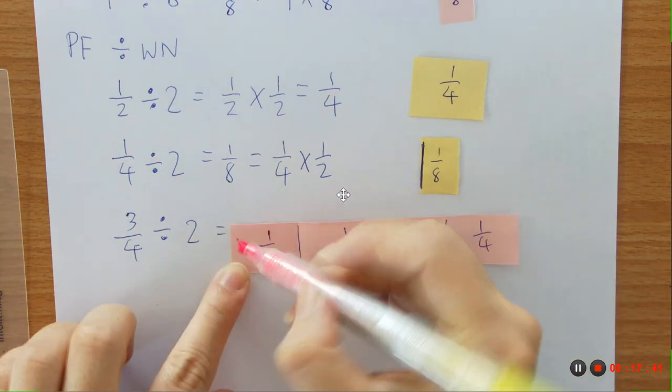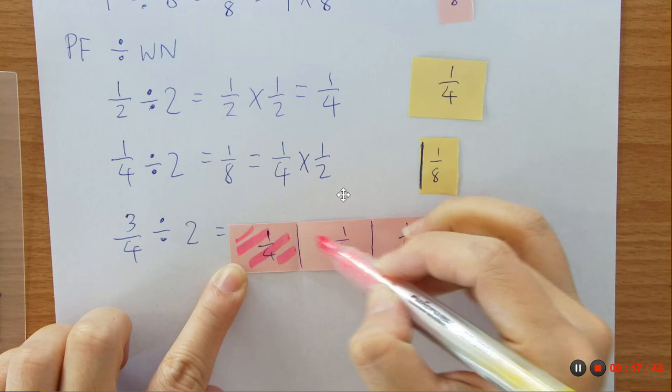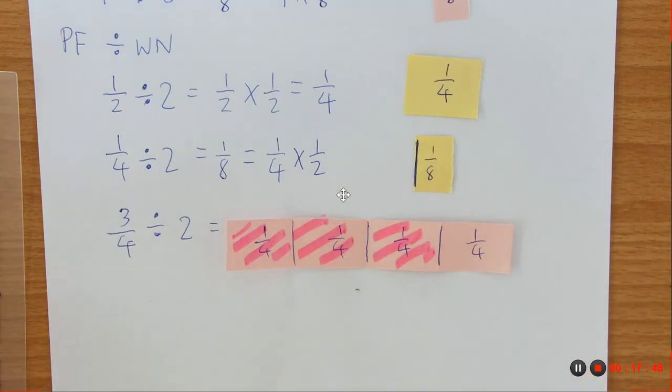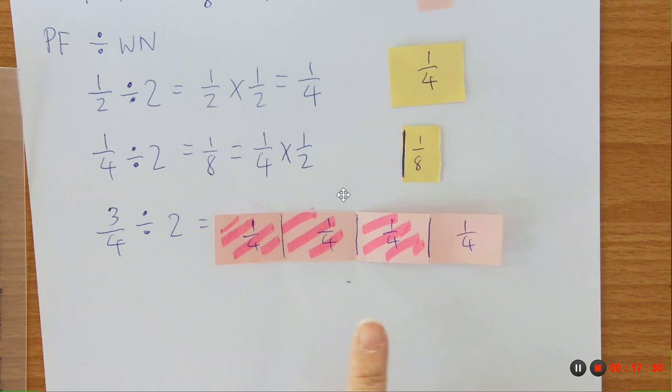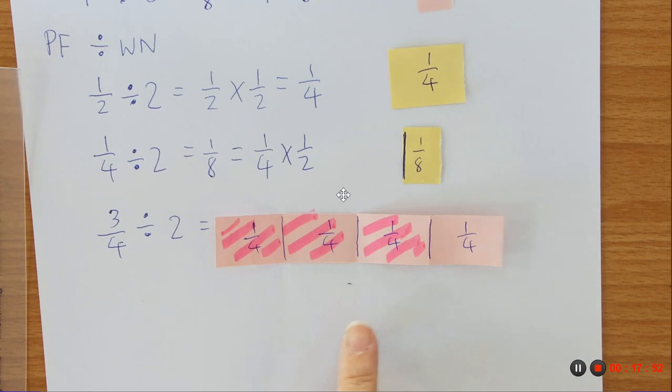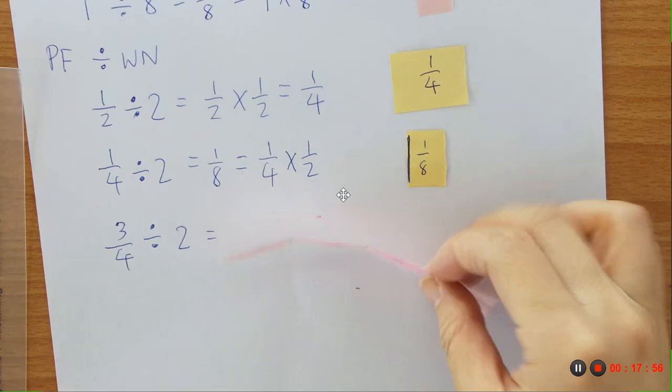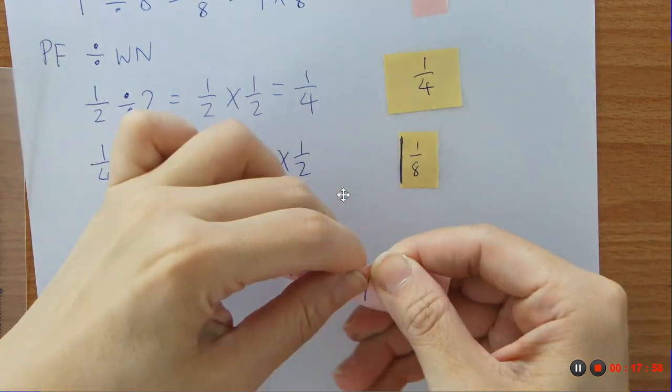Can you see the 3/4? Okay, don't need that 1/4. 3/4, okay? Then what do I do with the 3/4?